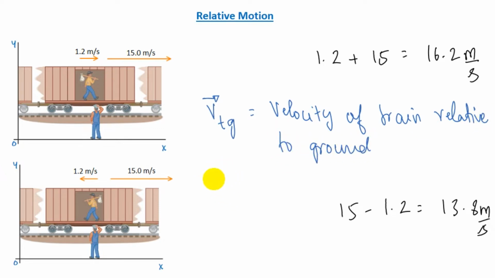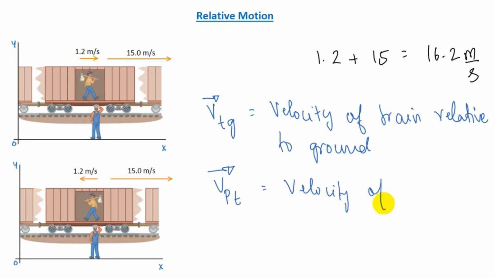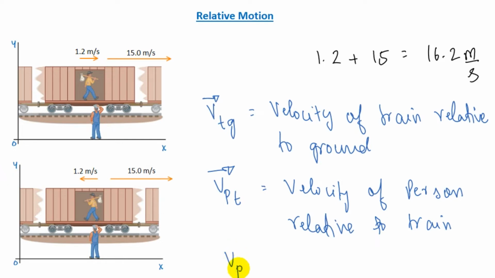And let the velocity of the person relative to train be VPT. This is velocity of person relative to train. And finally, the velocity of person relative to the ground is VPG.